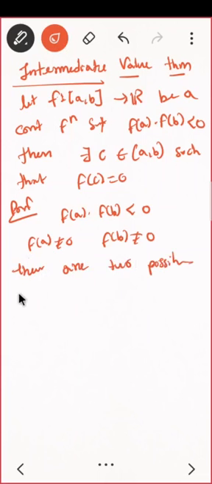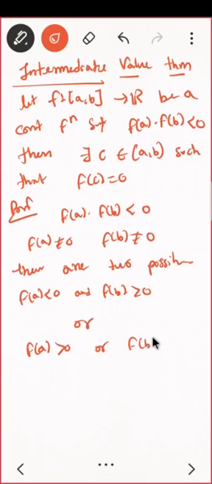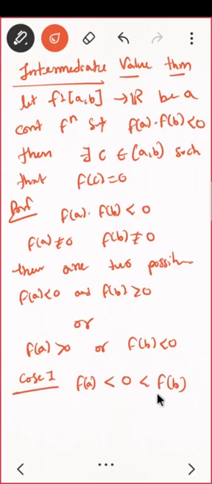F of a is negative and f of b is positive, or f of a is positive and f of b is negative. Now you know which one I am going to do and which one you will do. So I'll definitely take case 1. So you may write case 1. That is, if f of a is less than 0 and that is less than f of b. Meaning f of a is negative and f of b is positive, correct?